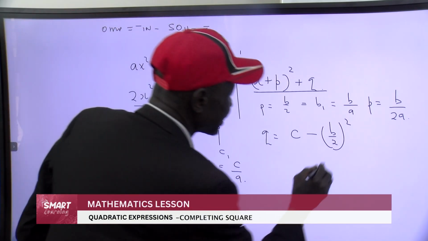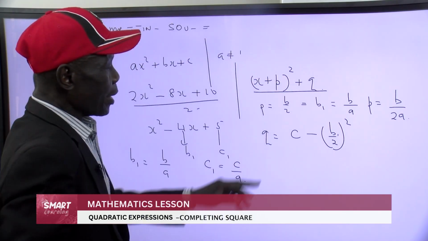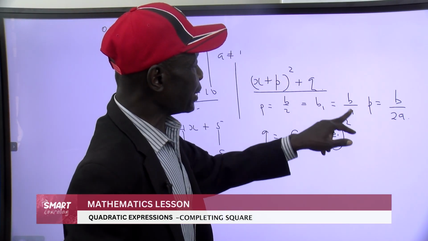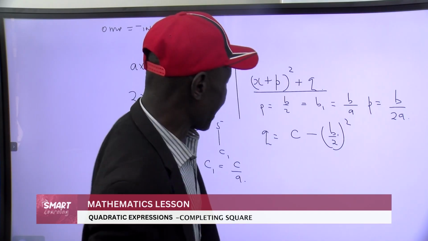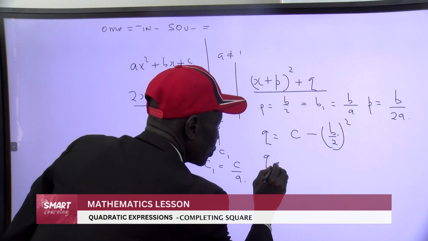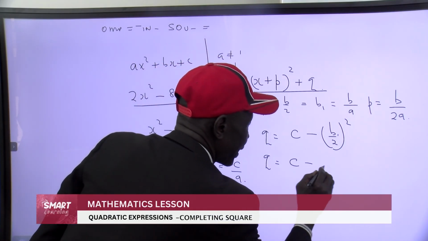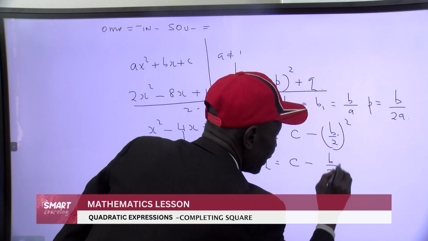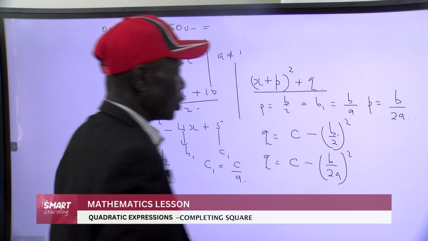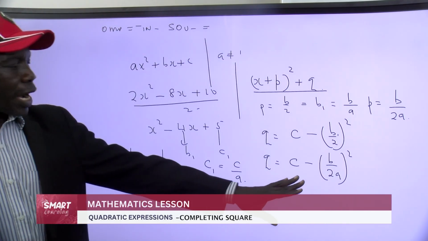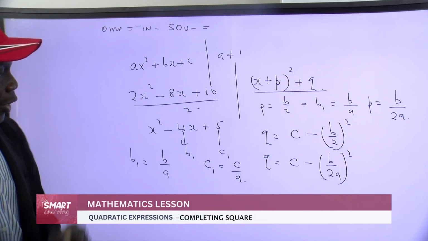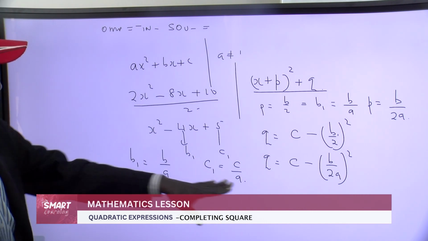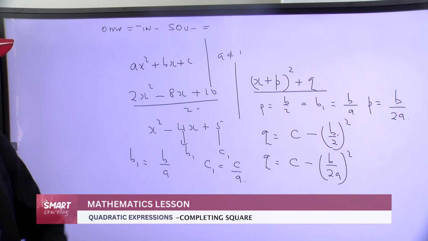But in this case, this is my B1, and my B1 was got by dividing the original B by A. So my Q is going to be equal to C minus the original B over 2A squared. So we have now changed because our A is not 1. So let us use this in order to solve this.